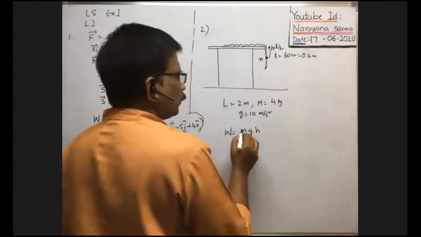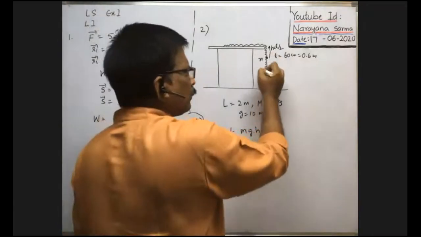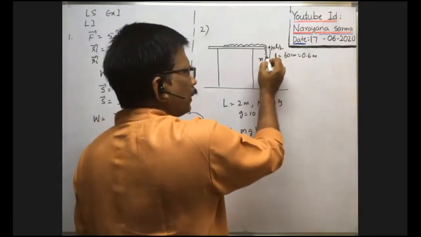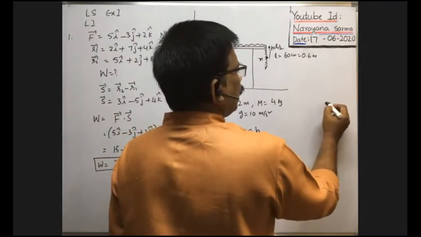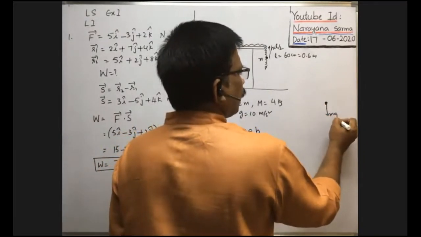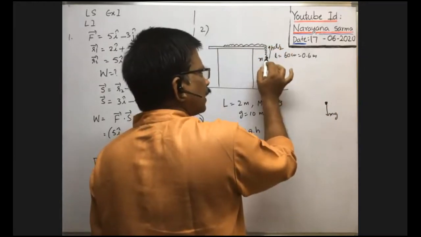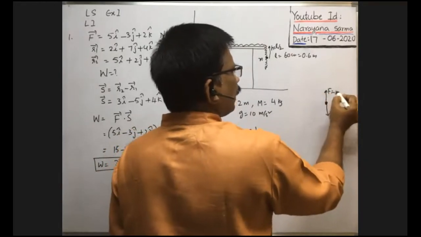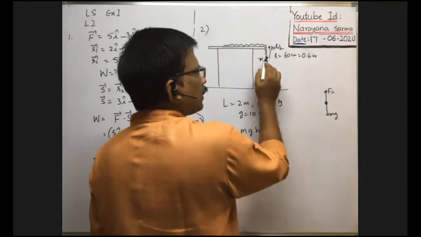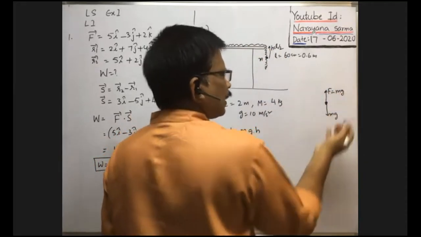Here, to lift the chain in the upward direction, what is the force to be applied? The mass of the hanging chain is m. The weight acts vertically downwards. To lift the center of mass upward, we have to apply a force. What is the minimum force required? The minimum force required to lift the center of mass upwards is equal to the weight of this part, the weight at the center of mass only.